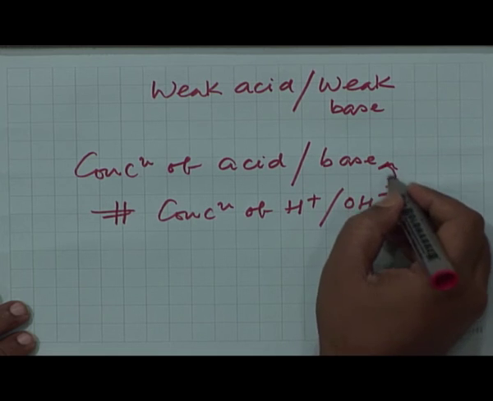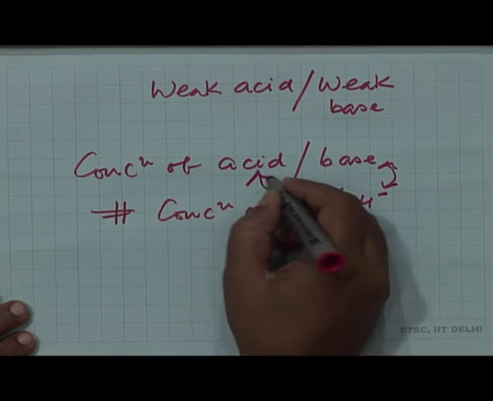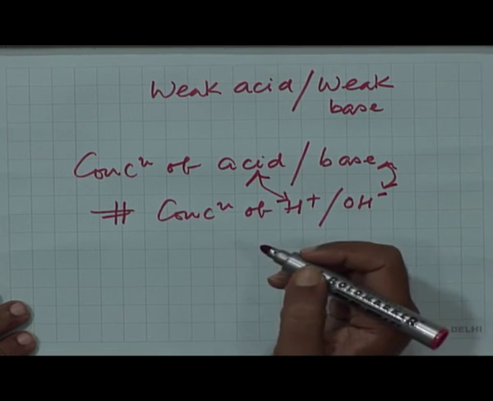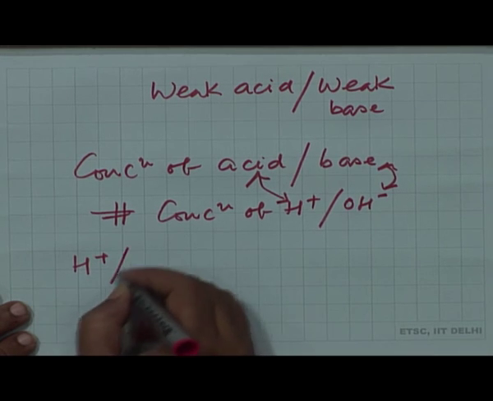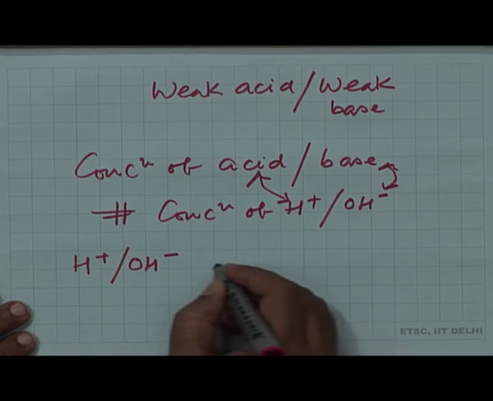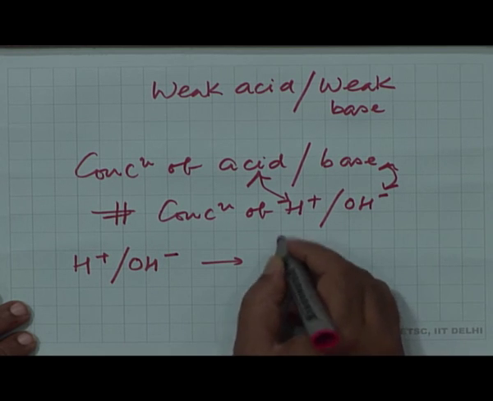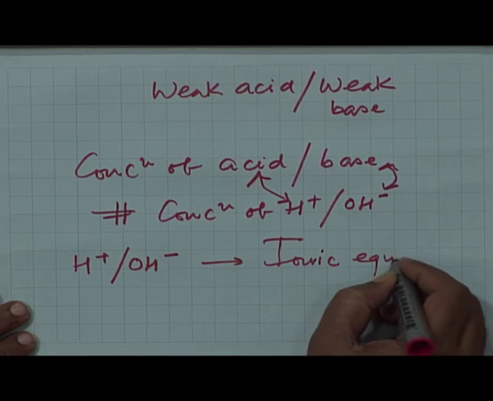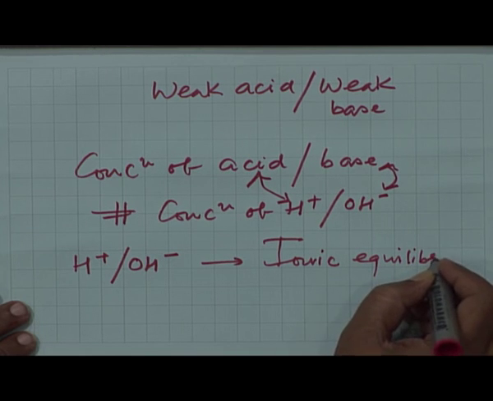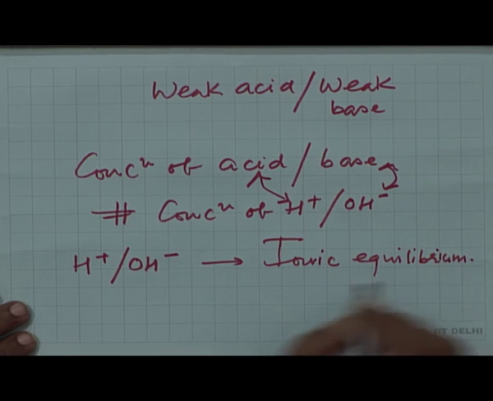OH minus ion in case of base, H plus ion in case of acid. We can calculate H plus ion or OH minus ion in such cases using the concept of ionic equilibrium.